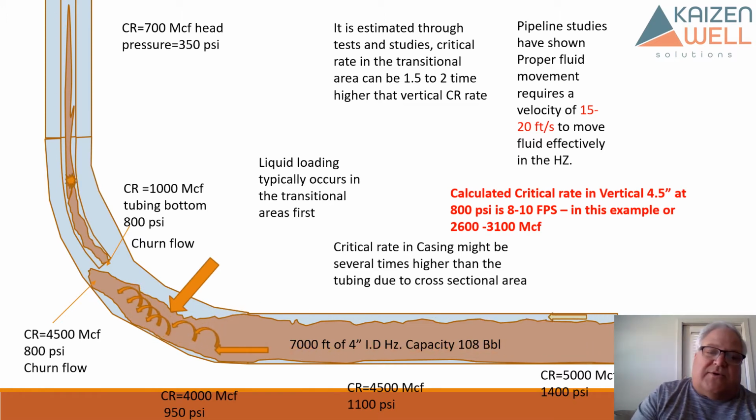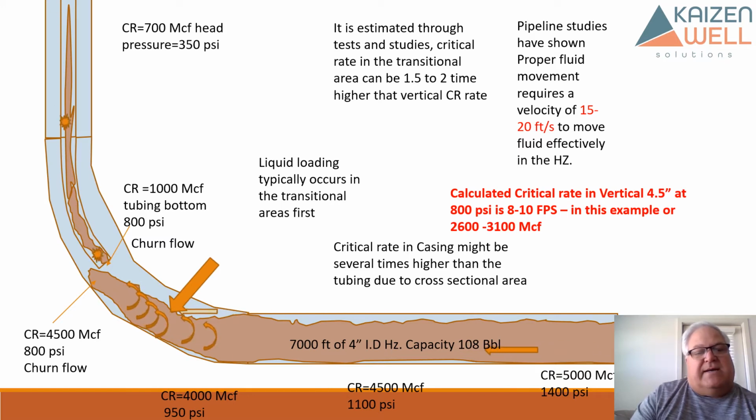But your other fluids, your waters and different things like that, start getting into what's called churn flow. Basically, it's being forced to the lower side. There's nothing there to push it because the gas breaks around on top, slides back down, and just repeats. So you have constant slugging. And this is the area where you're going to see probably your first significant liquid loading or slugging in the wellbore.